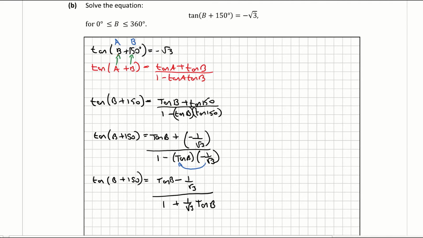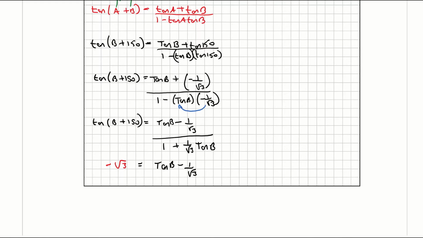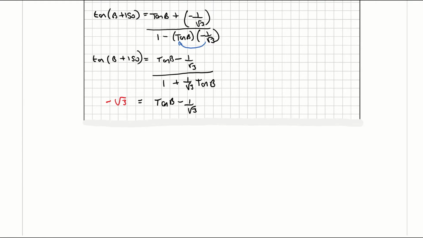Okay, so I've just tidied up the signs there, basically. That's all I've done. Next thing I'm going to do is that I know that the value of tan of B plus 150 is minus root 3. So I'm going to sub that in now. So I'm subbing in minus root 3 for tan of B plus 150. So that's equal to tan B minus 1 over root 3. I'm running out of space on the page here, so a little bit of Tipex there.